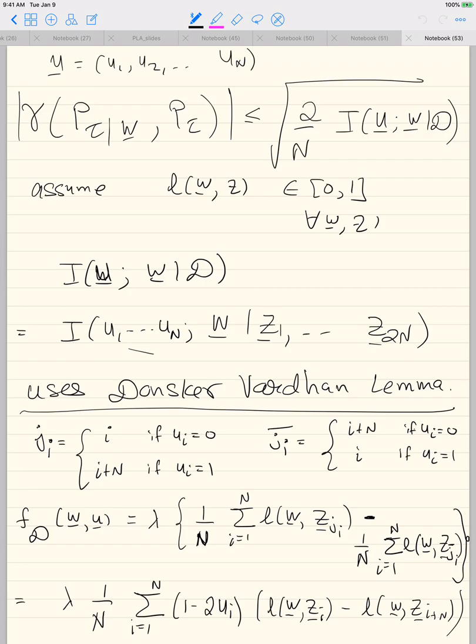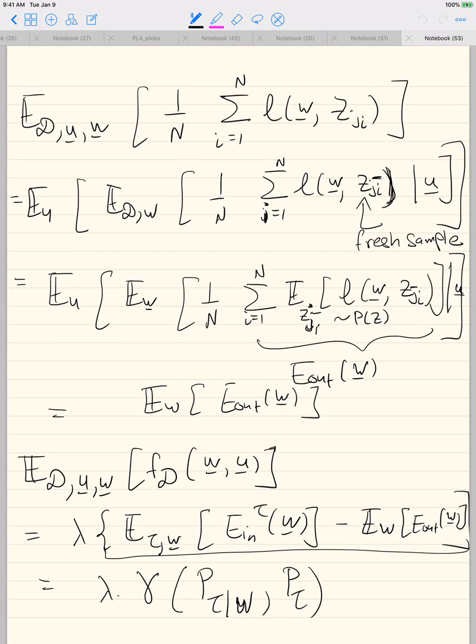It has a property that when you take the expectation over all random variables of interest, the training set D, the indicator functions U, and the weight W, you will basically get the quantity you want. Lambda, the constant we can play with, times gamma of p tau given W and p tau. So this is the generalization error that we want.